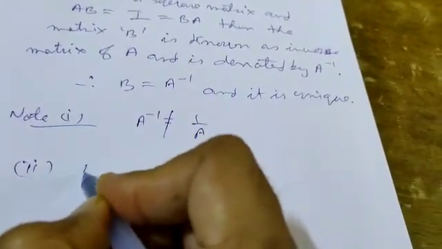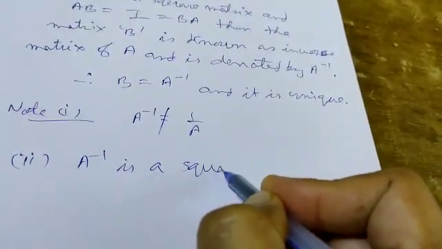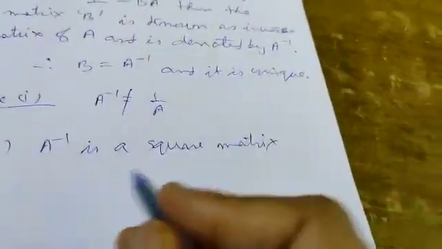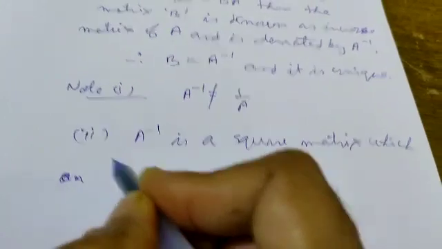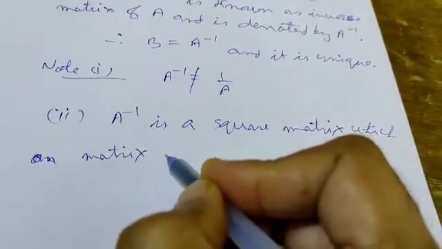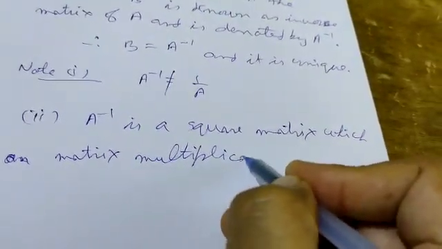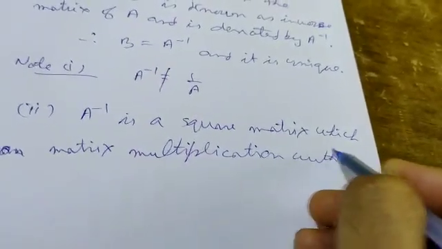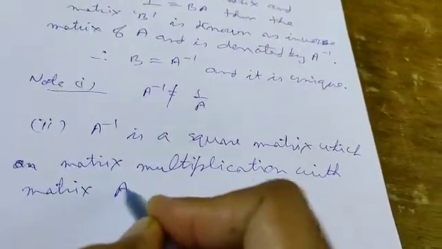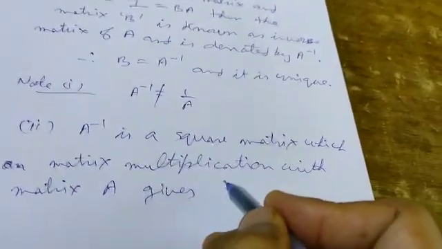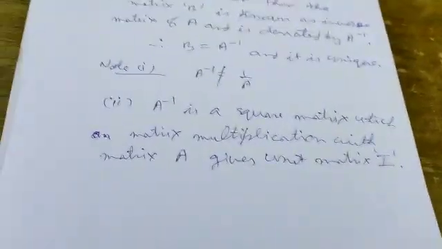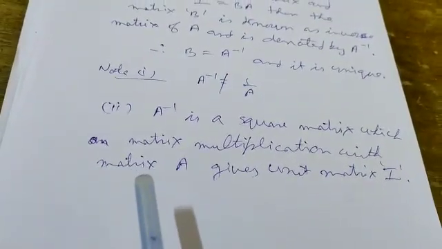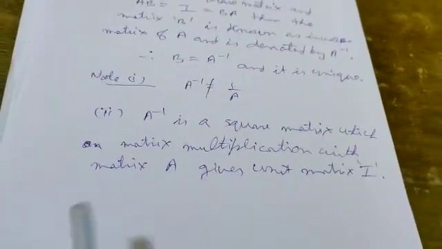Simply it means that A inverse is a square matrix which on matrix multiplication with matrix A gives the unit matrix I. So A inverse is actually the matrix which on multiplying with A will give you the identity matrix I. It is not 1 by A, so do not get confused that A inverse is equal to 1 by A. It is nothing like 1 by A.